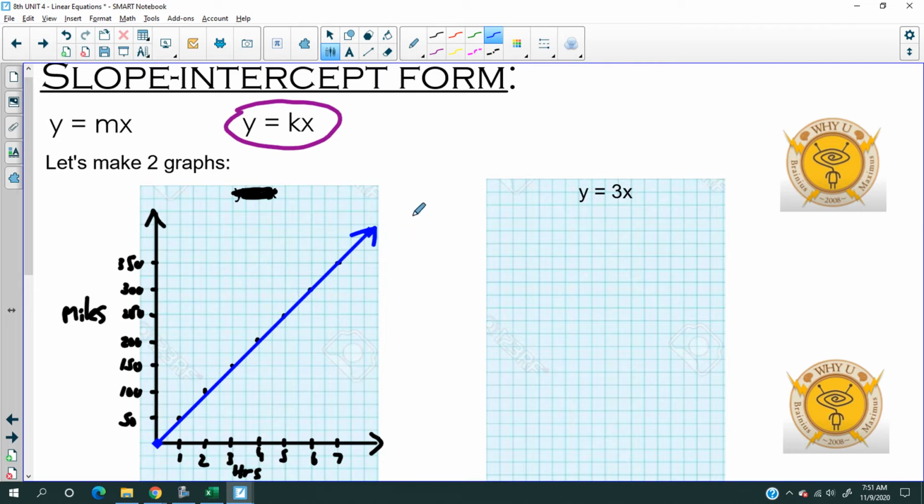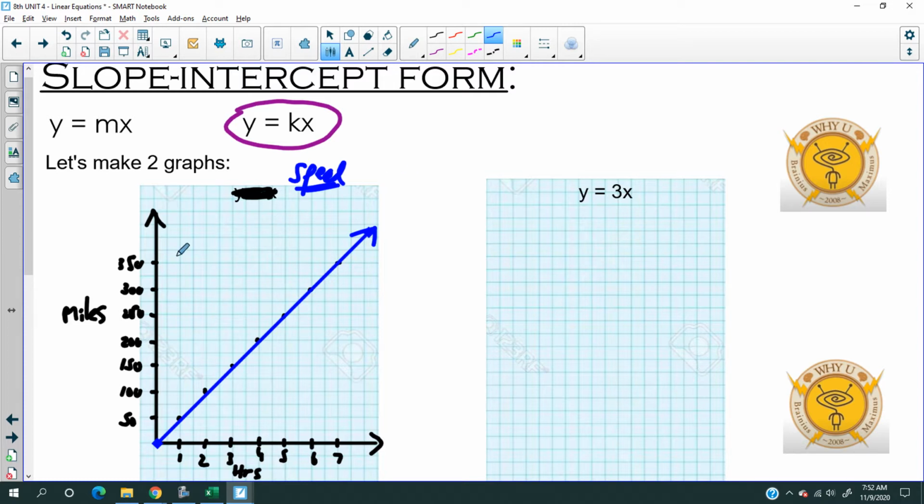So what I'm doing right now is attempting to go back a year, start with what you know, and then start introducing new ideas on top of what you've learned so far. Now look at this blue line here. Let's say this is the speed of this car or motorcycle.